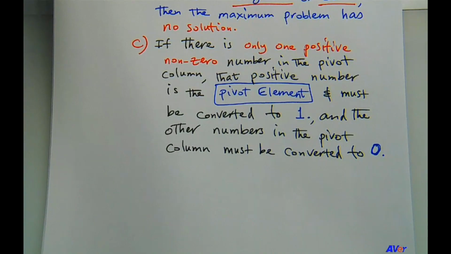Remember that? But here, there's a different procedure to identify the pivot element. Once we identify the pivot element, then that number should be converted to 1, and the other numbers in that column should be converted to 0. But the procedure to identify the pivot element is very different than the Gauss-Jordan method. Please remember that. These two should not be mixed with each other.